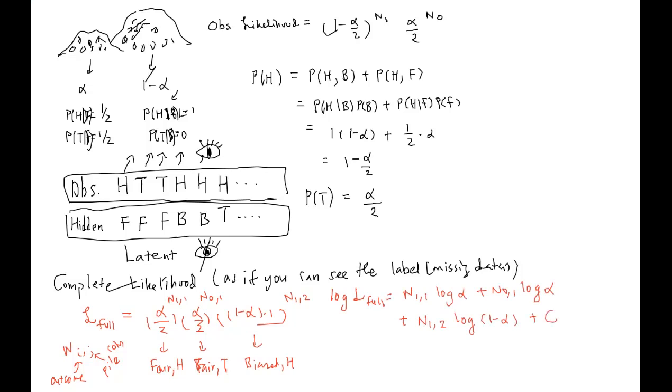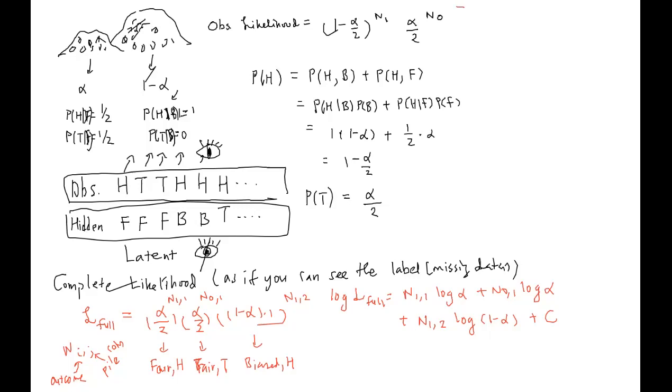That's why I don't put log alpha over 2, because the log of alpha over 2 is log alpha minus log 2. The log 2 is a constant, which is irrelevant and doesn't play any part in the maximization step, so I can just move it to the constant and basically ignore it. So this is your log likelihood.